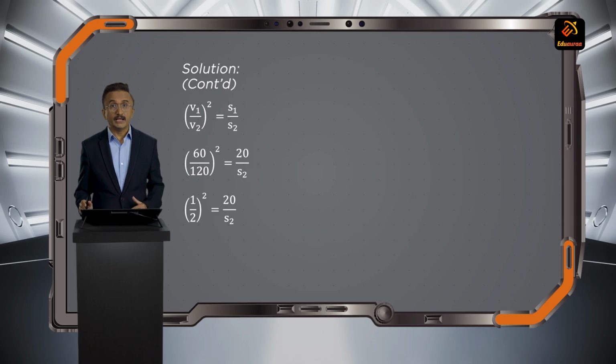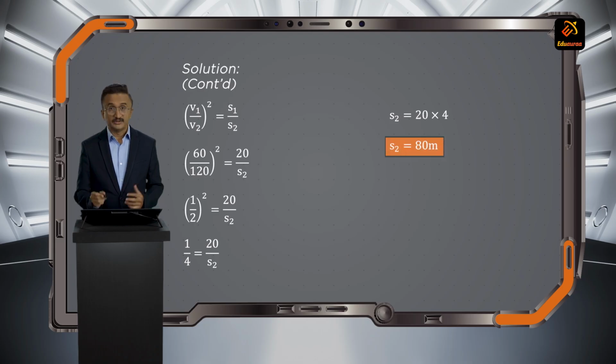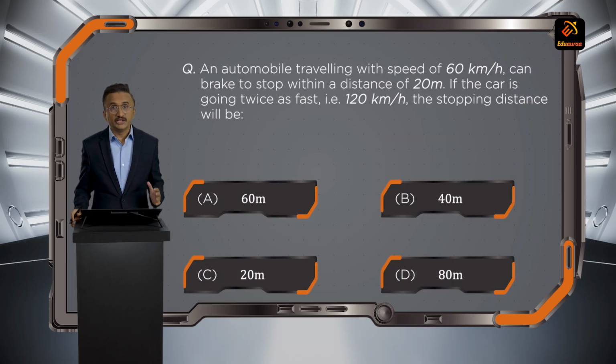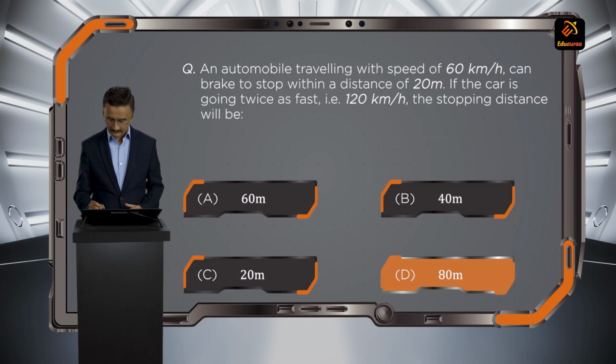So 60 by 120 is 1 by 2 square. So it is 1 by 4 is equal to 20 upon S2. Therefore, S2 is equal to 20 into 4. So that is equal to 80 meter. So the correct option is option D, 80 meter. The stopping distance is equal to 80 meter.